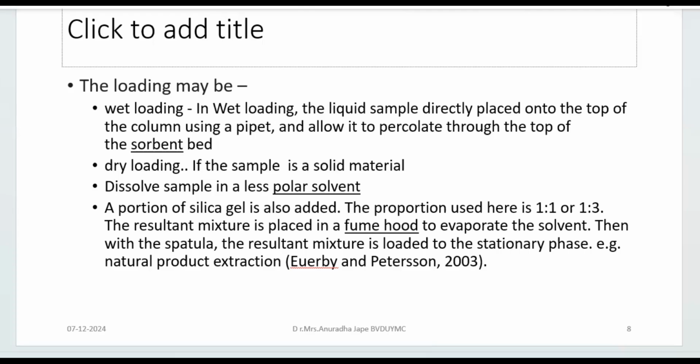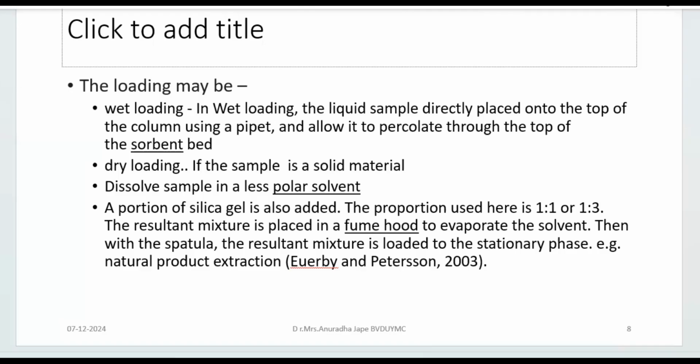But if today I want to analyze any of the Ayurvedic products that are on the market and check what contents are there in it, I'll have a dry powder. So I need to load the column with the dry loading method. Generally, in dry loading, the sample is put into a solvent and mixed along with the silica gel.